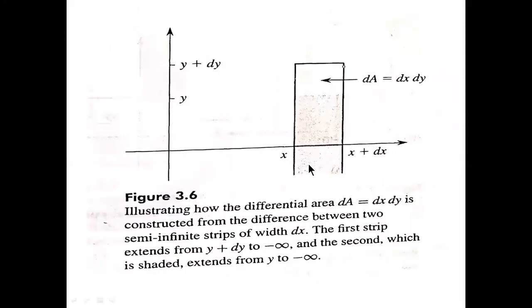In the figure, this is the illustration. We have x and x plus dx, y and y plus dy. That's the area shown here, which we need to consider because we are talking about the probability distribution function.